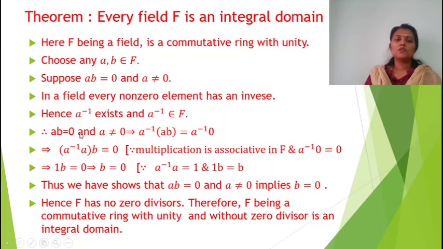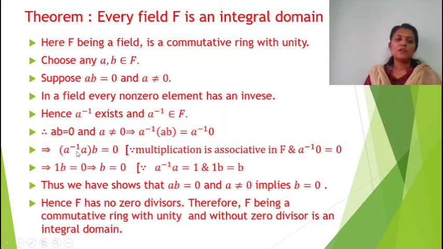So ab equal to 0 and a not equal to 0 implies we can multiply by a inverse. a inverse into ab is equal to a inverse into 0. Here we use the associativity of multiplication, so a inverse a can be taken, into b. And a inverse 0 is equal to 0 by the ring property: anything multiplied by 0 is 0.